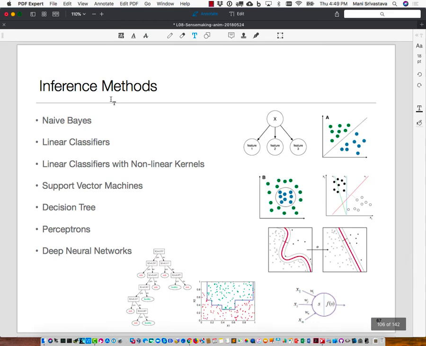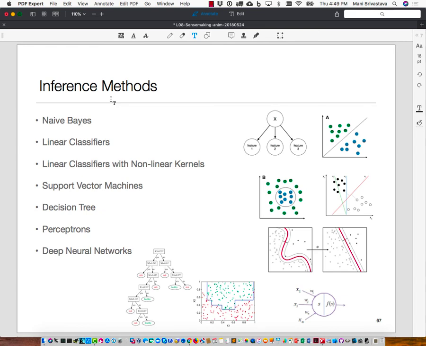So there are a variety of algorithms that exist, and there is naive Bayes, which I'm going to talk about today, linear classifiers, which basically say that my end result is a linear expression over the features that I have. Linear classifier with non-linear kernels, which basically say that I am going to include in my feature set some non-linear terms.